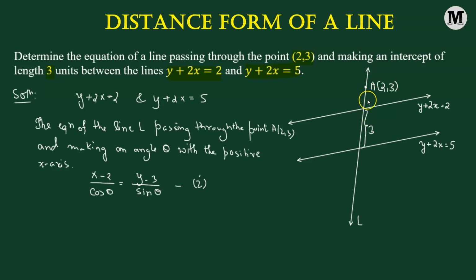Now we have the line L which intersects the line y + 2x = 2.